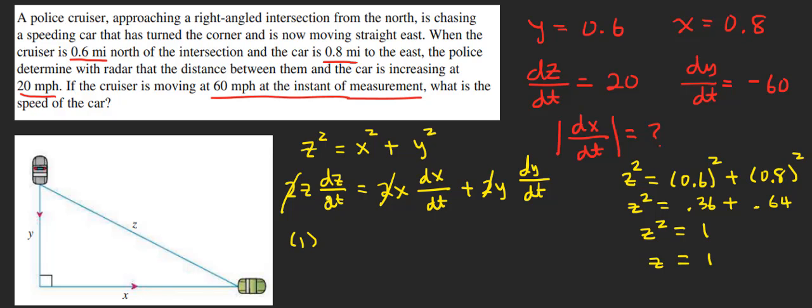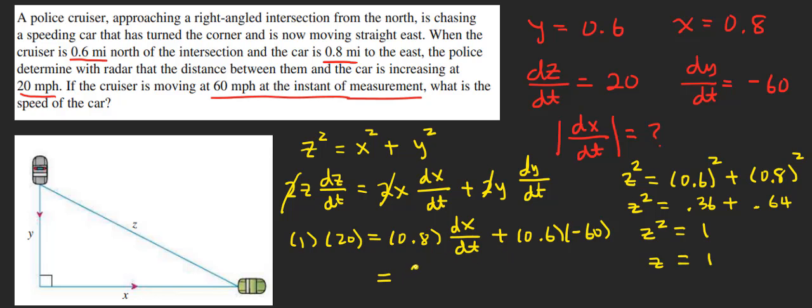So 1 times dz/dt is 20, equals x, which is 0.8, times dx/dt, the one that we need to find, plus y, 0.6, times dy/dt, which is negative 60. After you do basic algebra, you're going to get dx/dt is going to be 70.